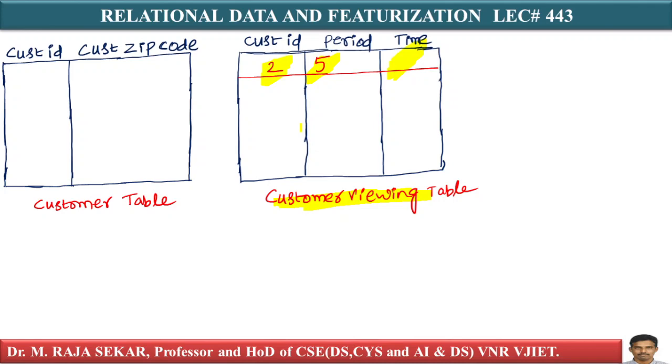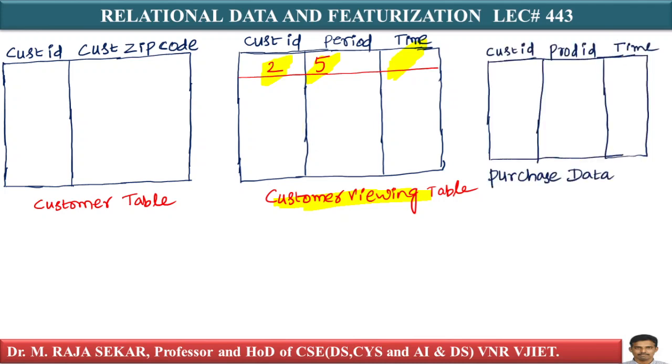Let's assume we have a third table. Our third table is the purchase table, or purchase data.